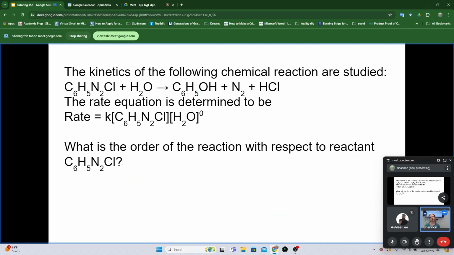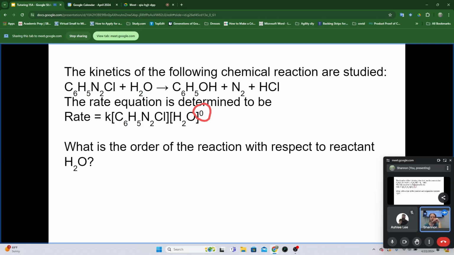This is a different problem. What's the order of the reaction with respect to the first reactant, C6H5N2Cl? One. And then the second reactant, H2O, there is an exponent there, on the bottom.